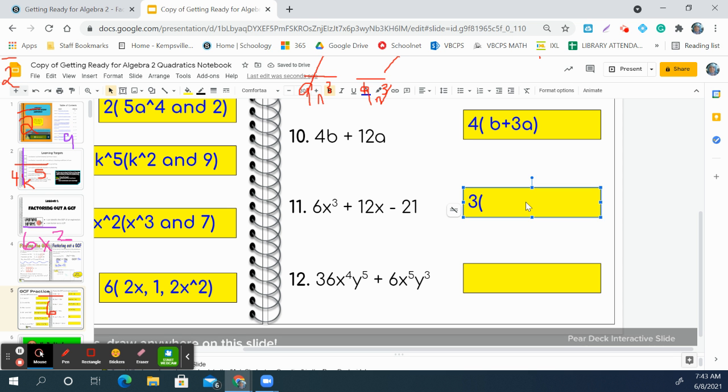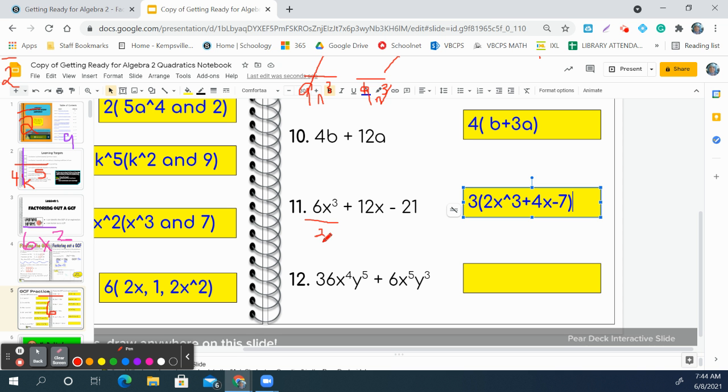And what's left over? 2x to the 3rd plus 2x, or just 2? Would it be 4? Okay. Minus 7.